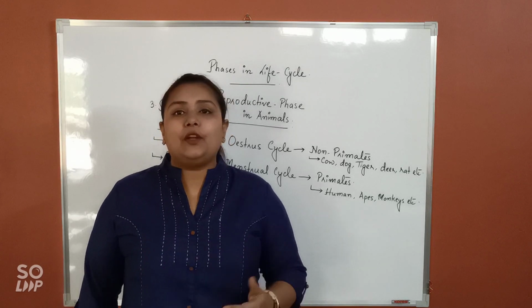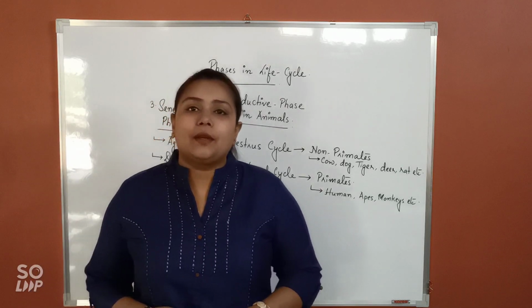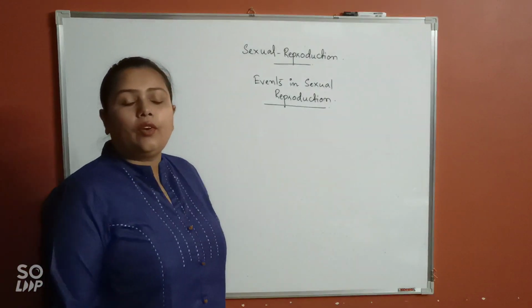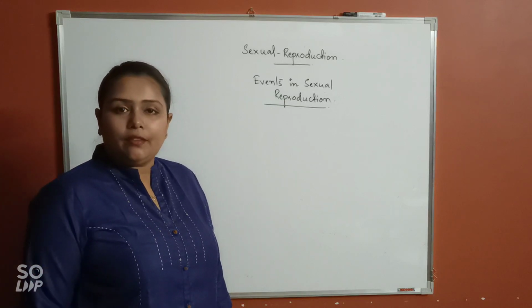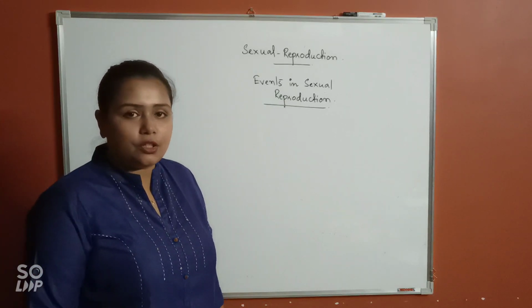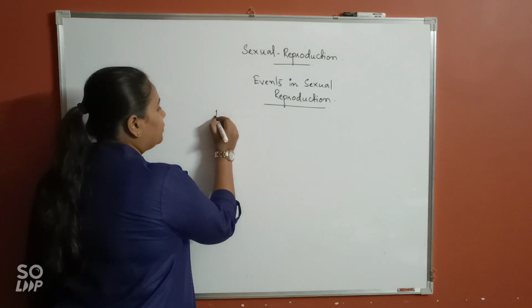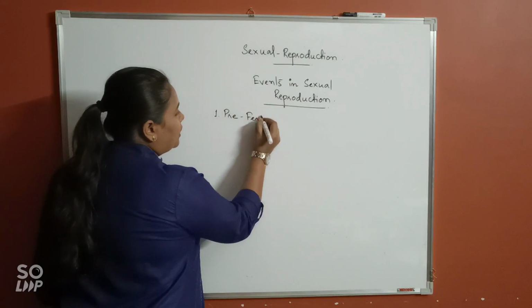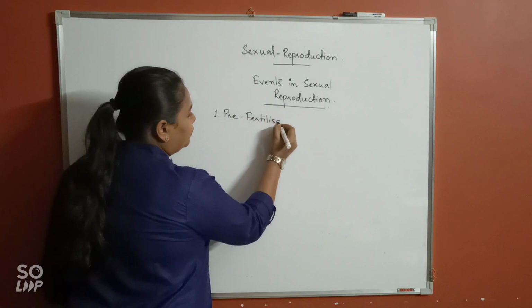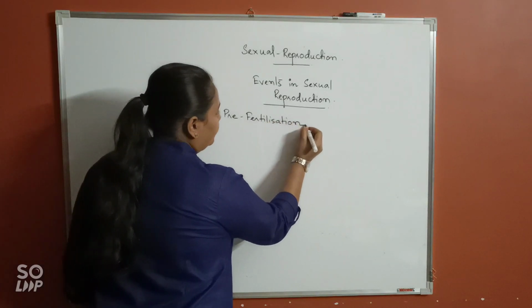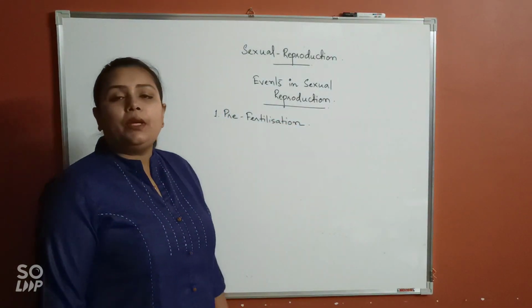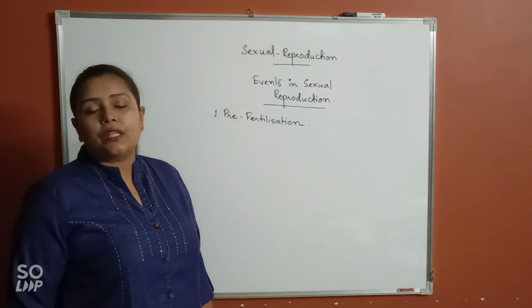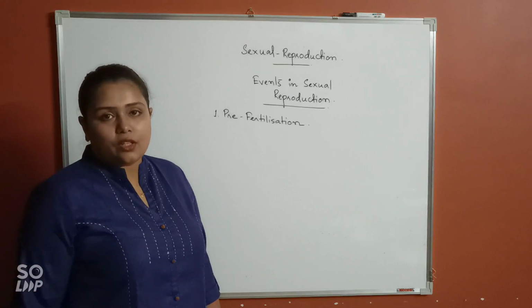Fine. So let us start with the next topic now, that is events in sexual reproduction. There are mainly three types of events associated with sexual reproduction. First, pre-fertilization events. Pre-fertilization events are the processes that are involved before fertilization.